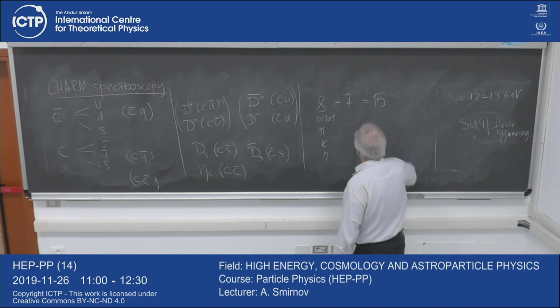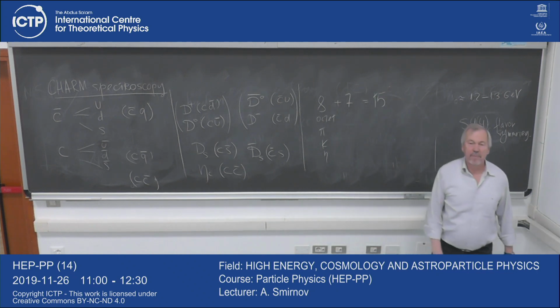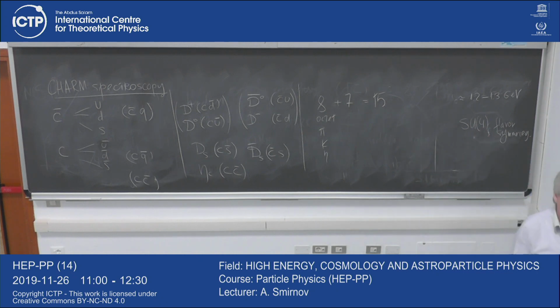So now we have a 15-plet of pseudoscalar mesons. They have the same characteristics as pion and K, but the difference is, of course, the quark content and masses.